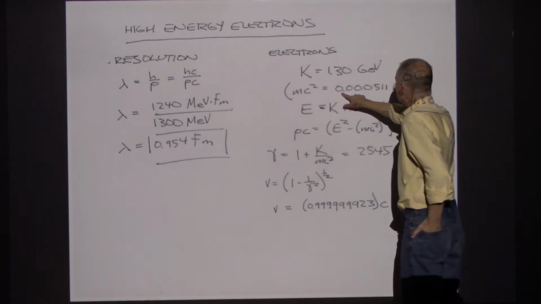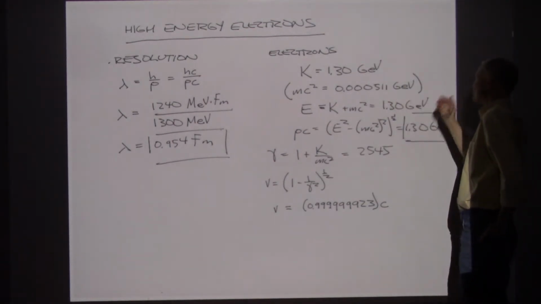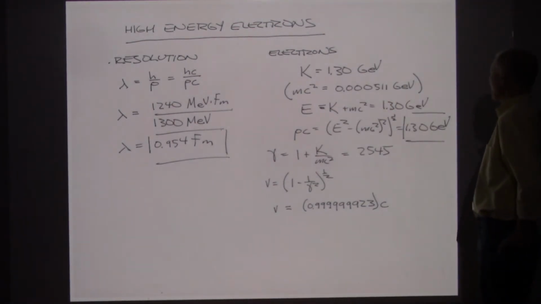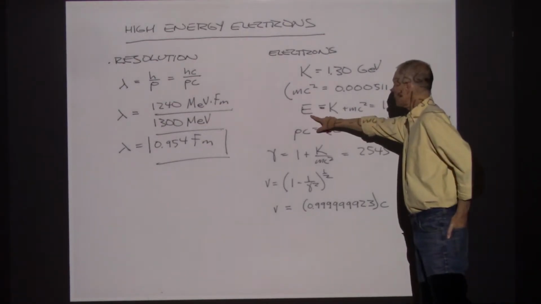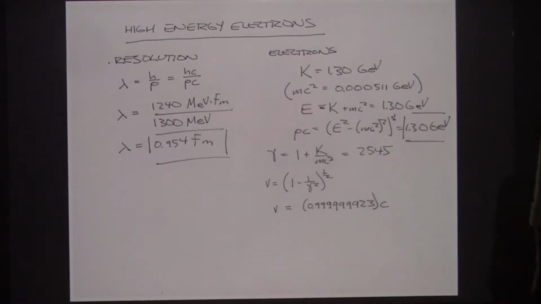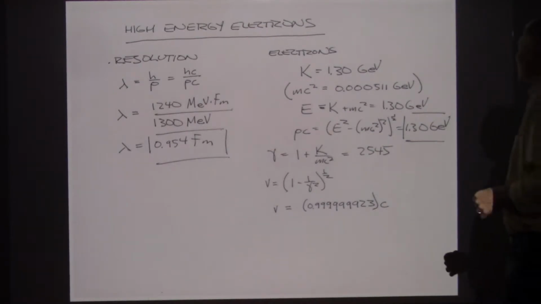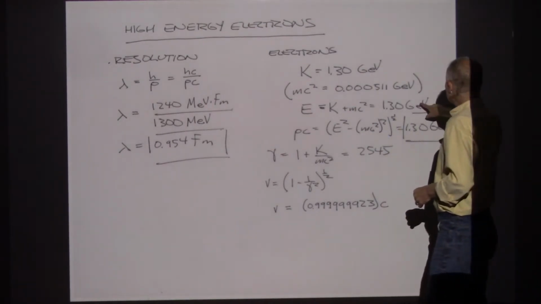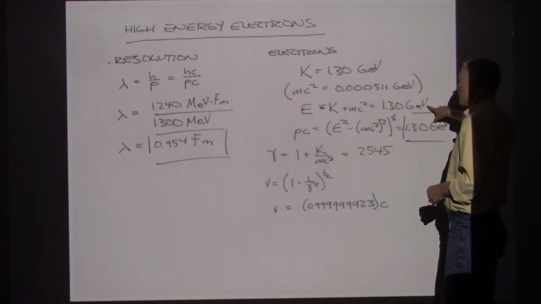Now the mass of the electron is only 0.000511 GeV. So if we look at the total energy of these electrons, they're totally dominated by their kinetic energy. Their mc squared value, their mass, is really negligible compared with the kinetic energy that they have.